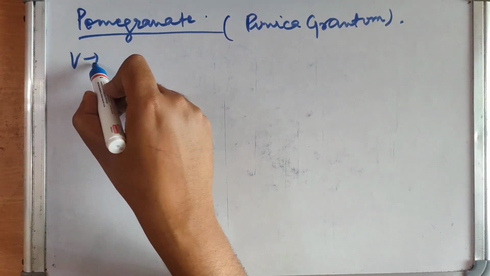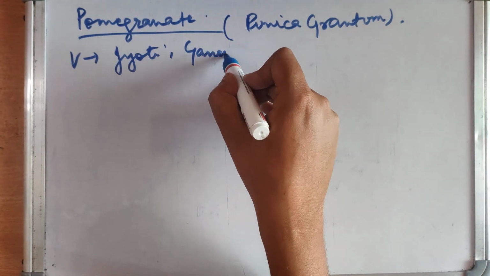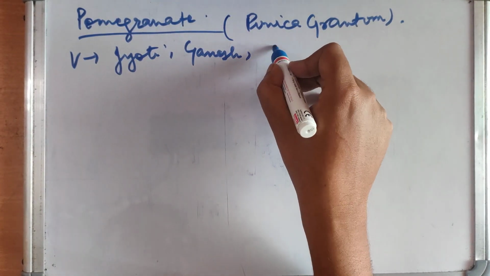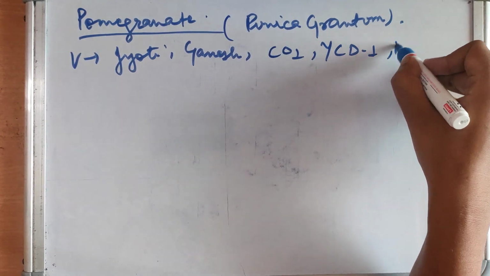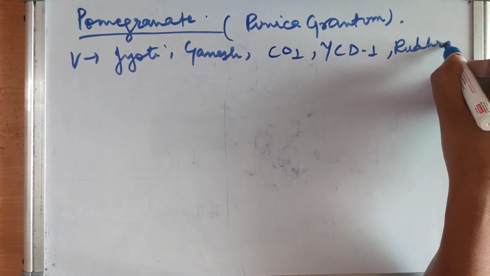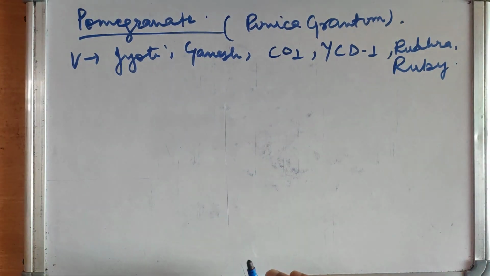Its varieties are Jyoti, Ganesh, CO1, YCD1, Rudra, etc. One more important is Ruby, etc.